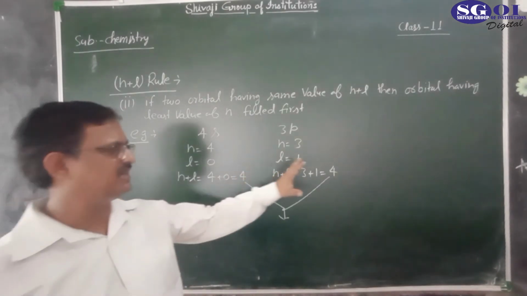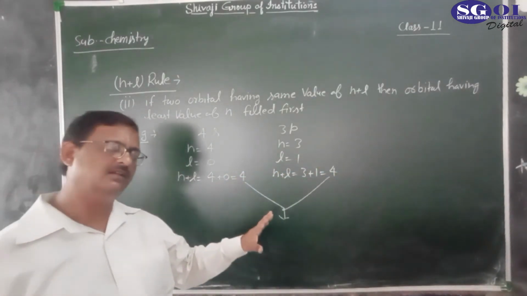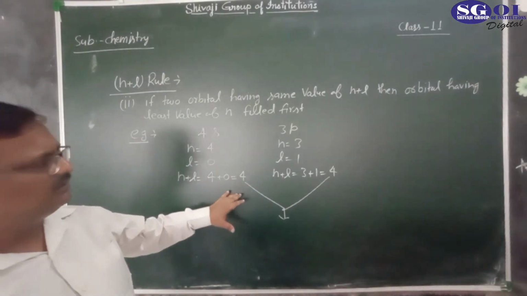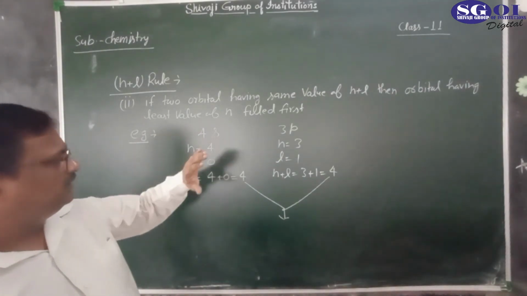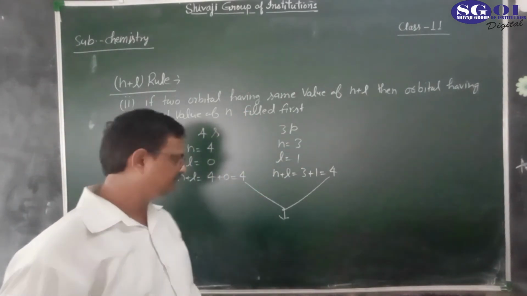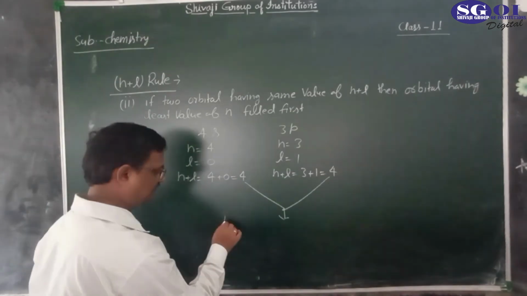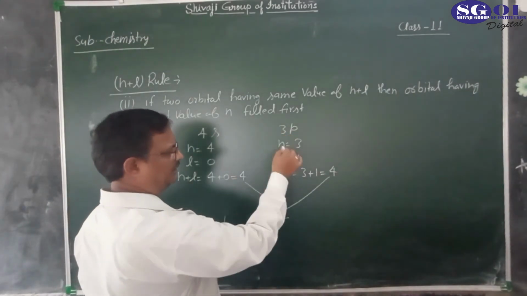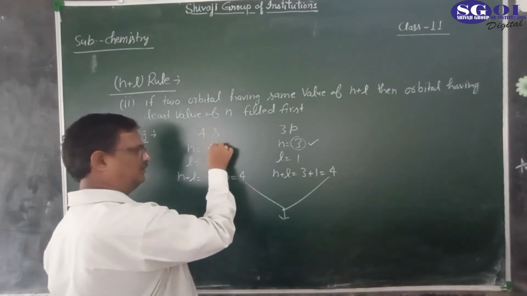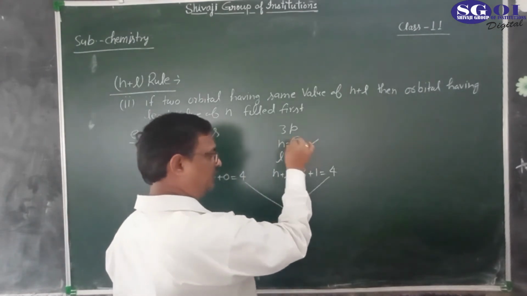So for such a problem, the orbital having the least value of n is filled first. Here the least value of n is 3, and the other value of n is 4. So which one fills first? 3p.